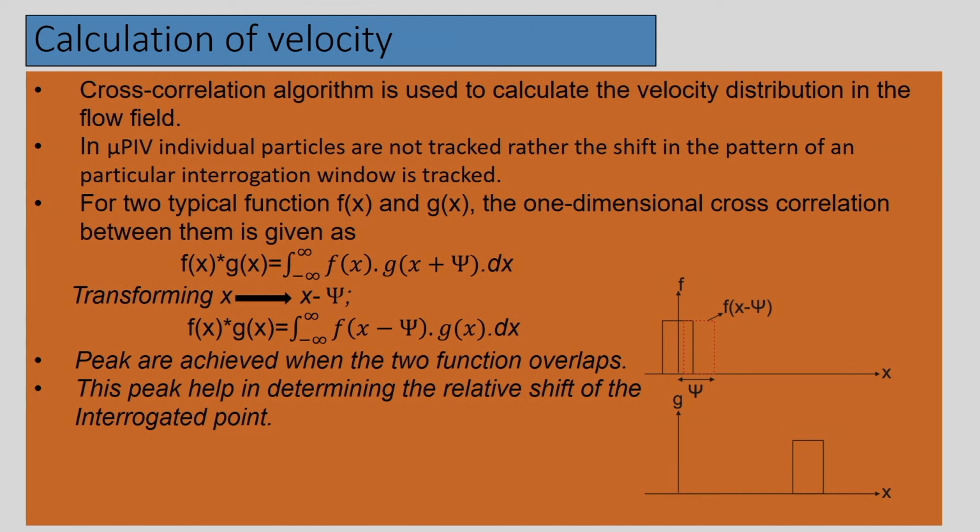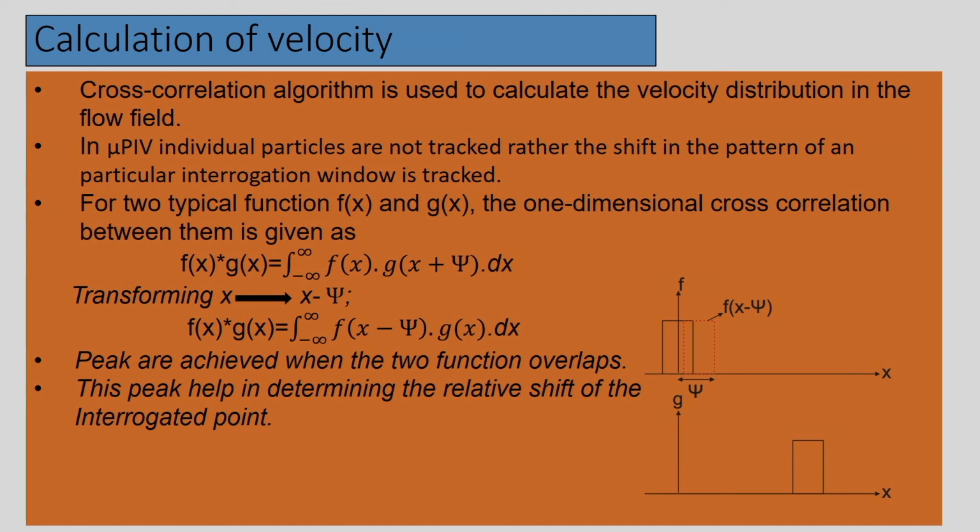What is done in the cross correlation algorithm? The particle seeding images are divided into different zones, which are known as integration windows. That is what we discussed in the last class. I am not going to discuss all those things again.